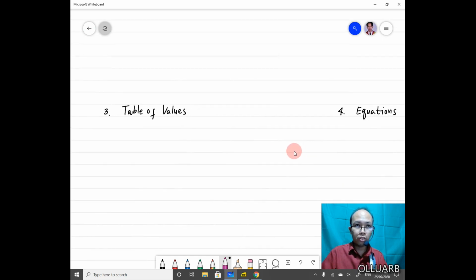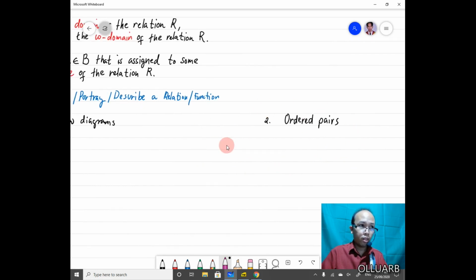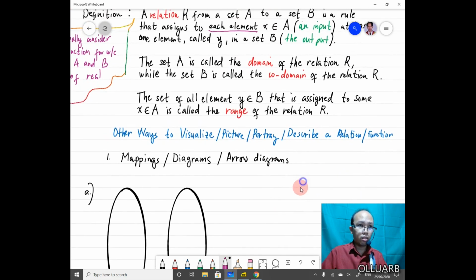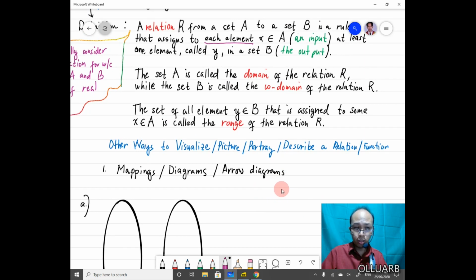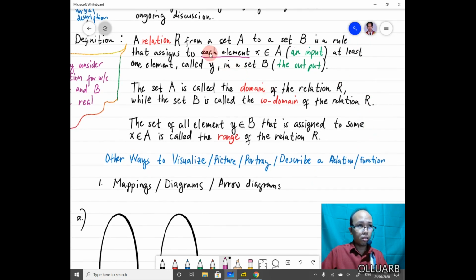And finally, you can describe relations or functions using equations. These four ways are used to visualize, picture out, portray, or describe a relation or a function, so that students will be able to comprehend or digest the idea of this definition.